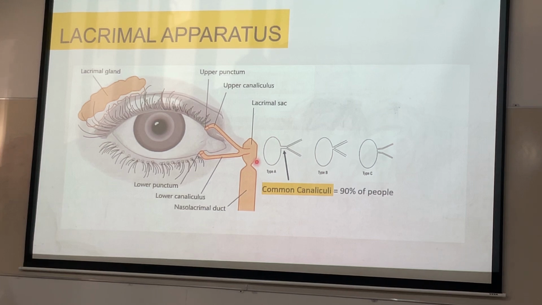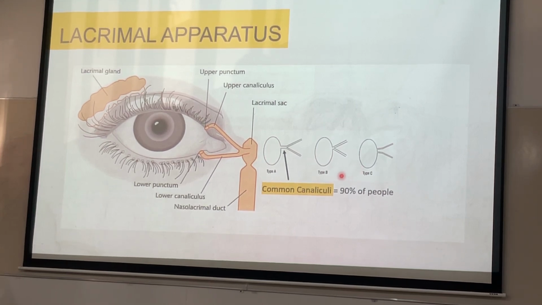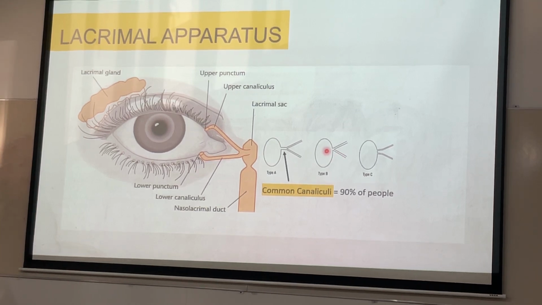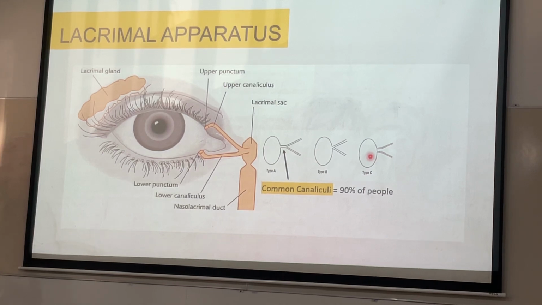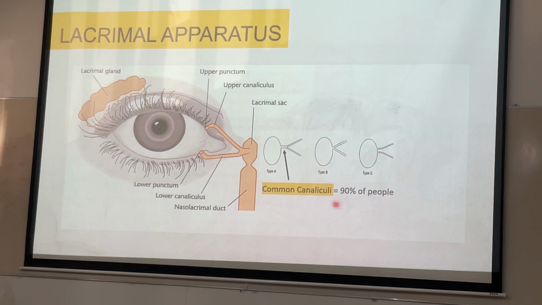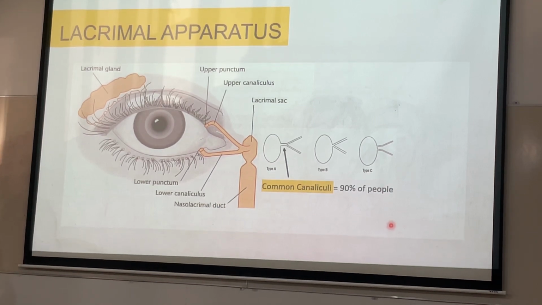But some people have type B and type C. B means the punctum drains directly into the sac, and type C also drains directly but into separate areas. Okay. So it's like a USB: A, B, and C.